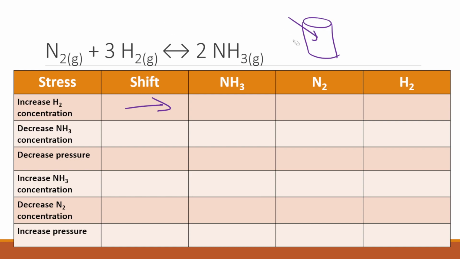And when the dust is settled, after everything is said and done, after we have finished shifting and re-established our equilibrium, we will have more NH3 than we started with, because we will have gone from left to right more frequently than we went from right to left, so the NH3 will increase. The N2 and the H2, we will have used those up.